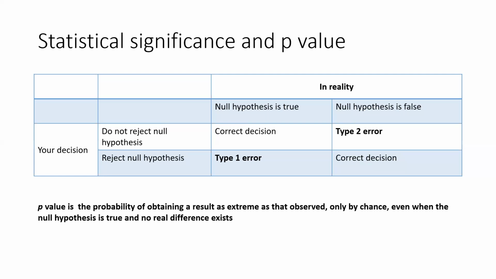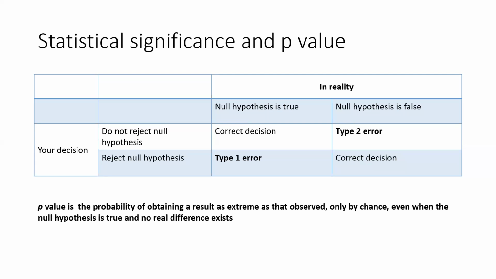So you make a conclusion using a study and you calculate the p-value. That means the probability of doing this error, and it comes as a value less than 0.05, that means less than 5%.